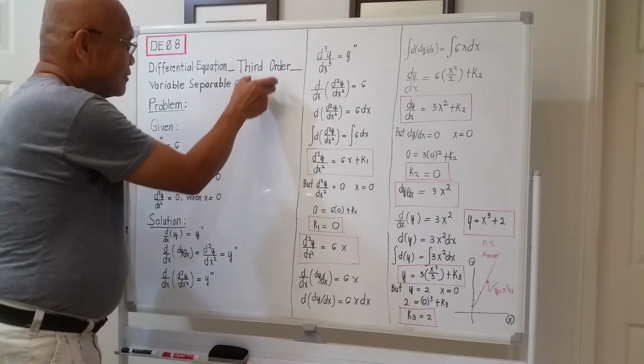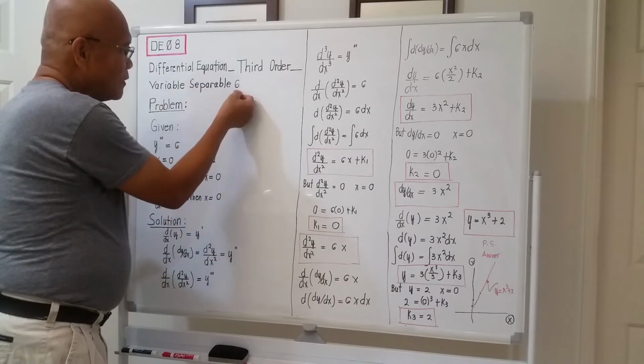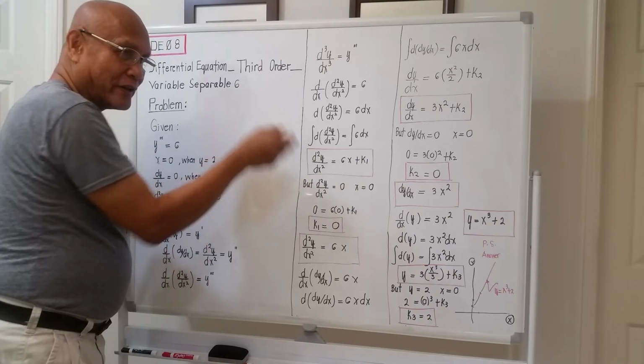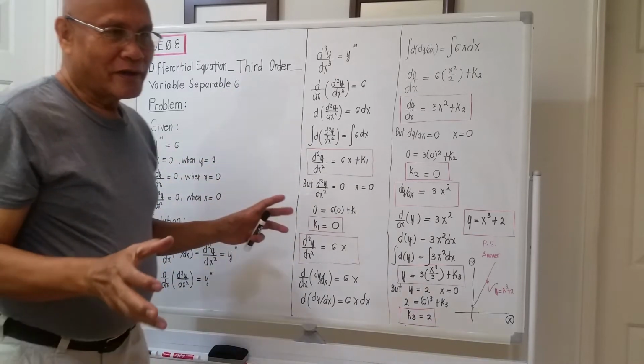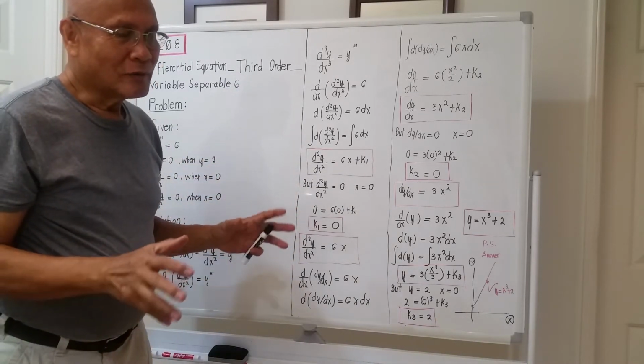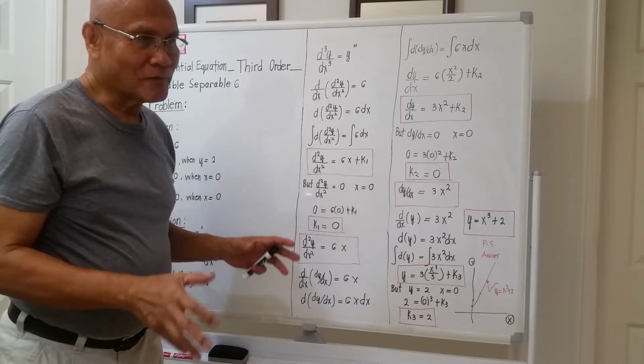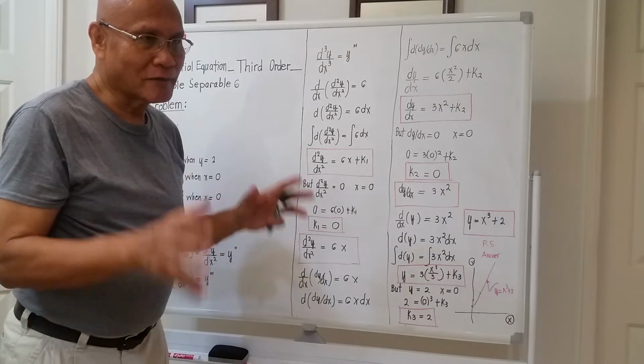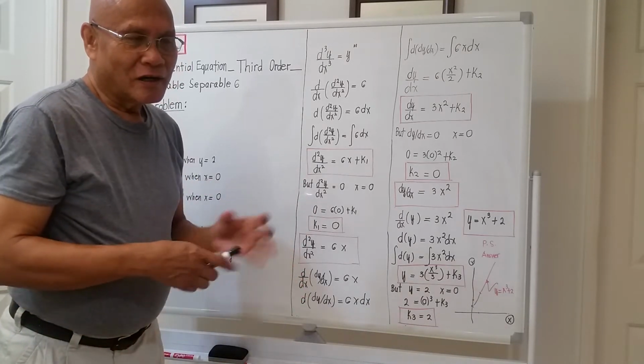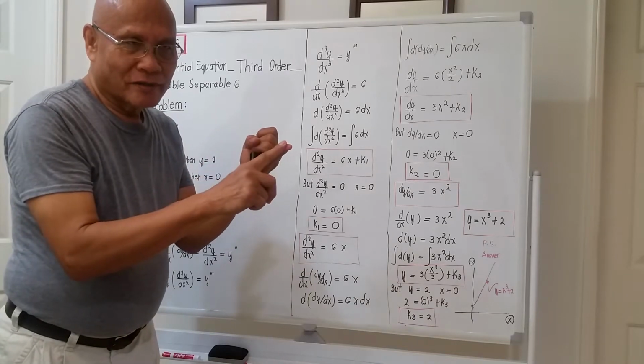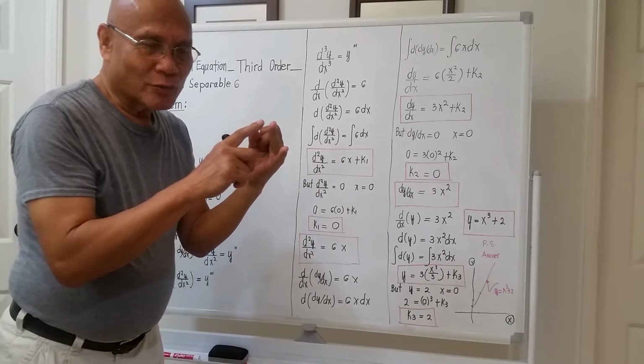Third order variable separable with the number 6 over here, meaning this will be my fifth example problem on the evaluation of a variable separable. We are now through with first order. We are now through with second order.